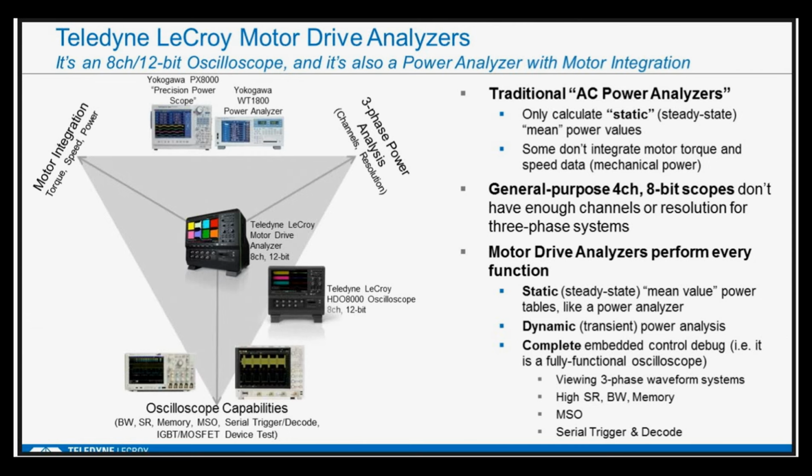It could be a 4-channel scope with limited capabilities, or an 8-channel scope like this one here. More recently, we've introduced something that combines a lot of these functionalities into one instrument. So it's an 8-channel, 12-bit, very high bandwidth scope that also does 3-phase mechanical power analysis, and does it in a static and a dynamic mode, not just numbers only, but dynamic and with full waveform capability, and capability for complete embedded control debug as well.